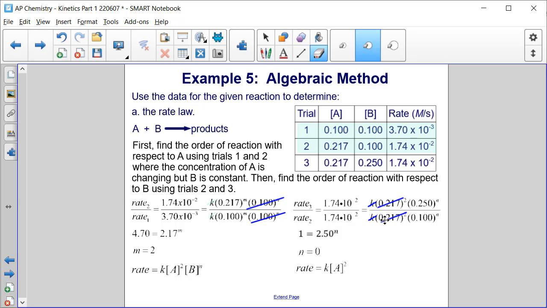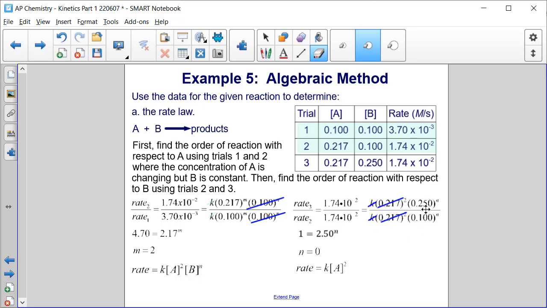Then for the second trial, 1.74 times 10 to the minus 2 is the rate. K times the concentration of A, 0.217 to the second power, times the concentration of B, 0.100 to the N power. If I divide these two, I get 1, which equals, so the K's cancel, the 0.217 squareds cancel.